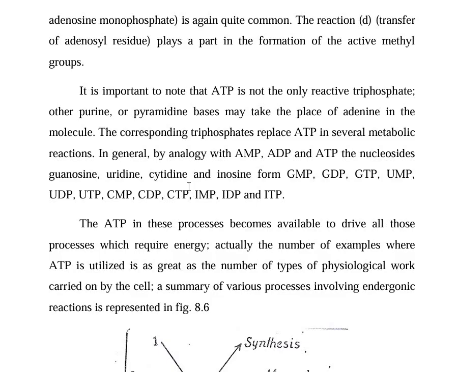The corresponding triphosphates replace ATP in several metabolic reactions, by analogy with AMP, monophosphate, diphosphate, and ATP, triphosphate. The nucleosides guanosine, uridine, cytidine and inosine form GMP, GDP, GTP, UMP, UDP, UTP, CMP, CDP, CTP, IMP, IDP and ITP.